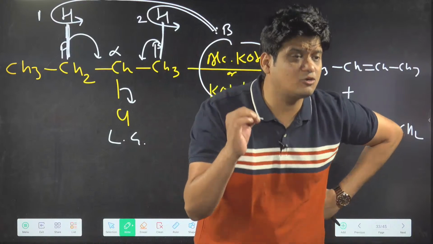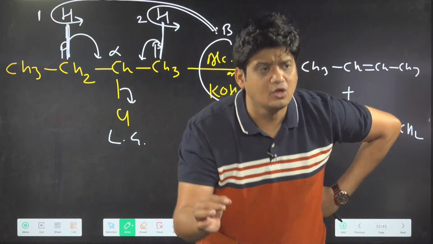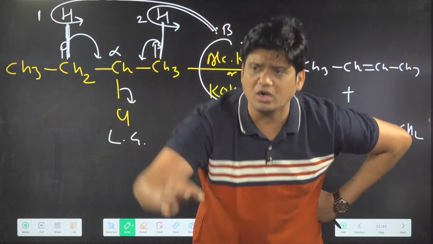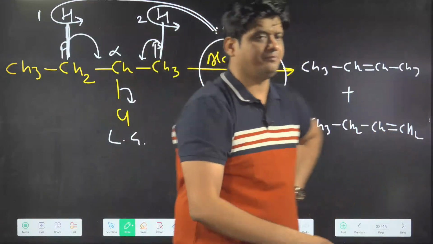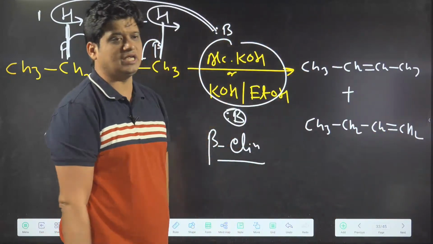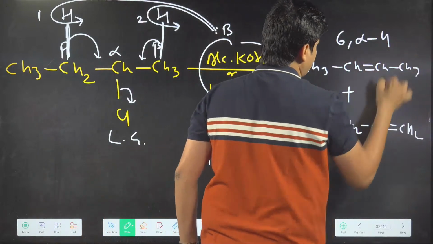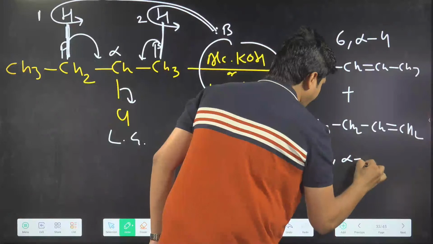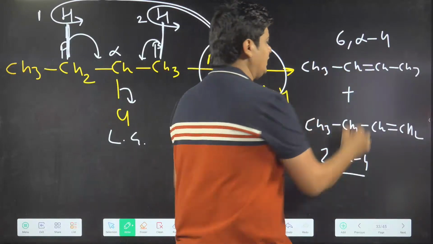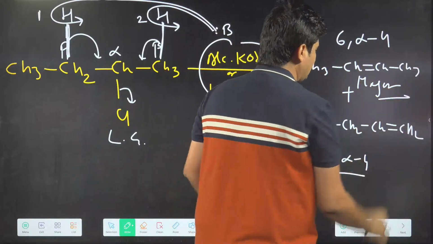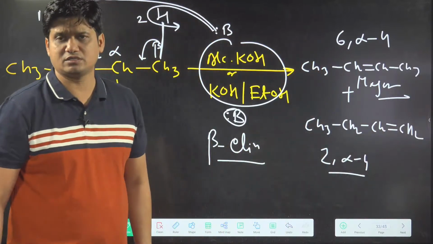So it is better to remove the beta hydrogen that gives the more stable alkene. Now out of these two, which alkene is more stable? This alkene has 3 plus 3, 6 alpha hydrogens. This alkene has 2 alpha hydrogens. This is the more stable alkene, so this is the major product and obviously this is the minor product.